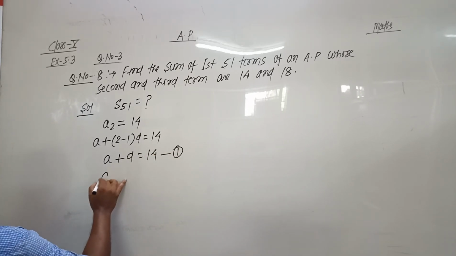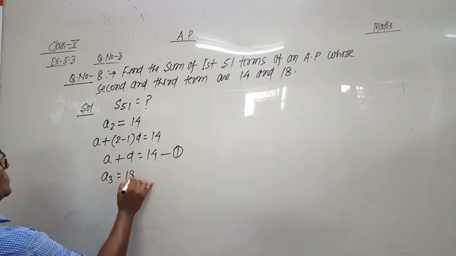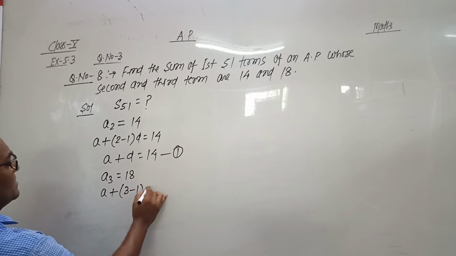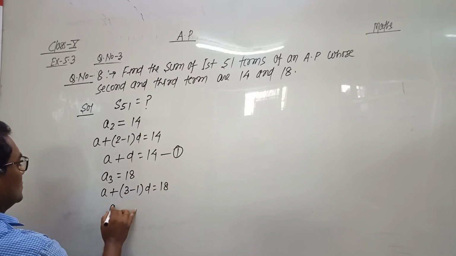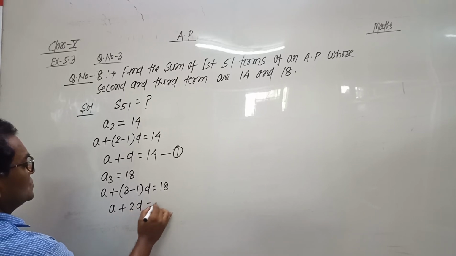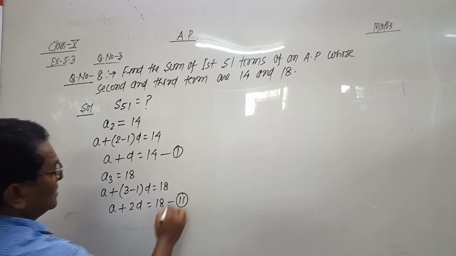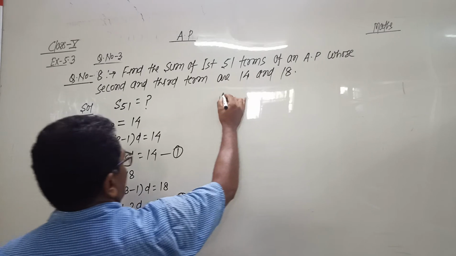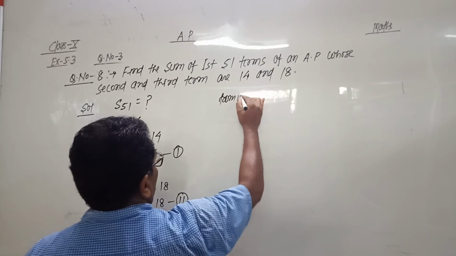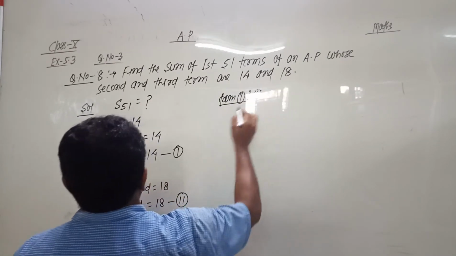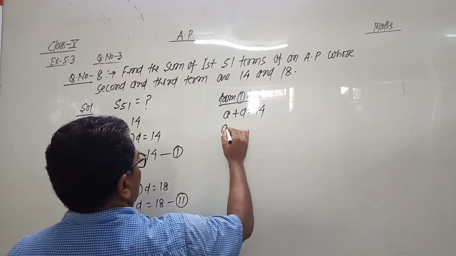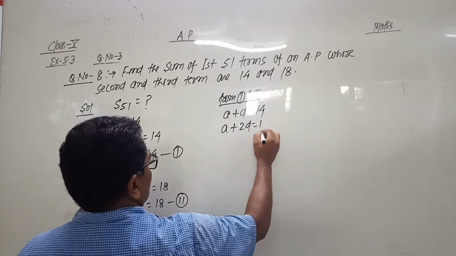And the third term, A3 equals 18: a plus 3 minus 1 d equals 18, so a plus 2d equals 18. This is the second equation. We solve these two equations.